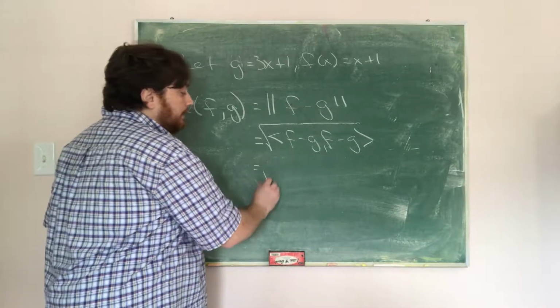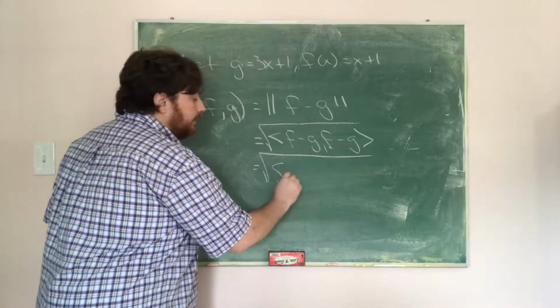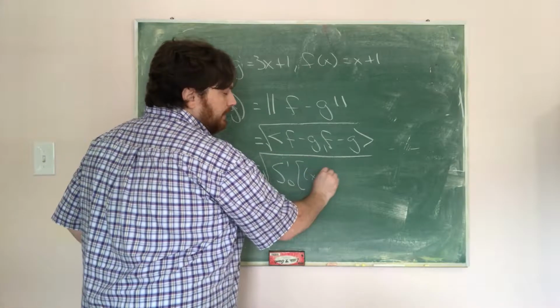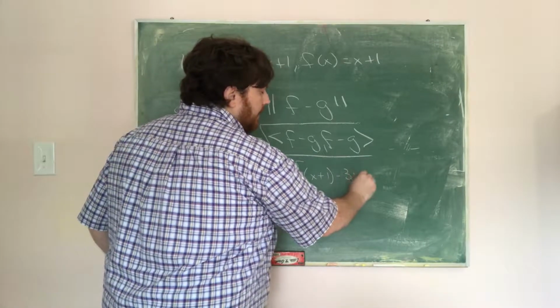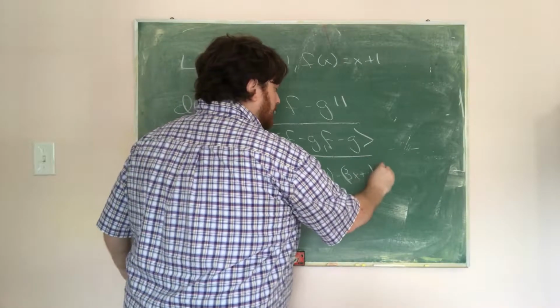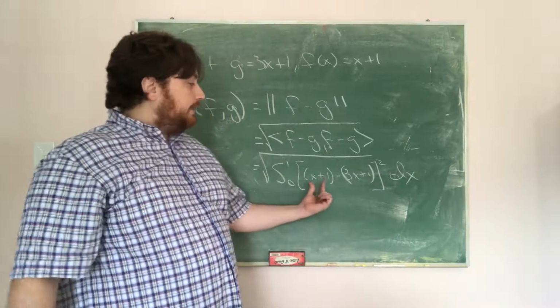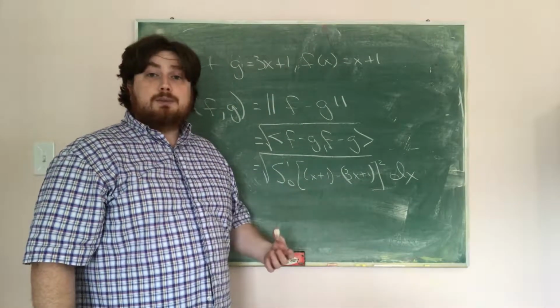And so this is going to give me the square root of the integral from 0 to 1 of f is x plus 1 minus 3x plus 1 squared dx. Because I would take f minus g times f minus g.